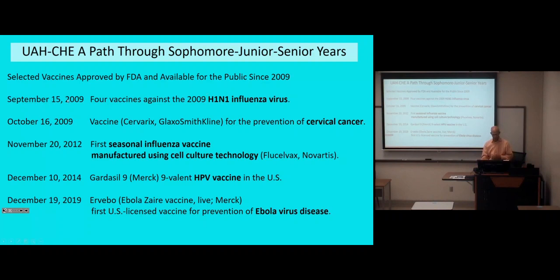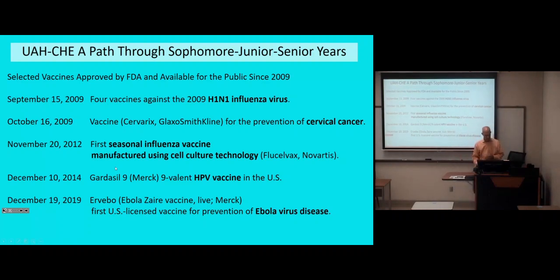So in 2009 we had a vaccine for the prevention of cervical cancer. In 2012 we had the first seasonal flu vaccine that was manufactured using cell culture technology. In 2014, we had Gardasil 9, which is the first HPV vaccine in the United States.